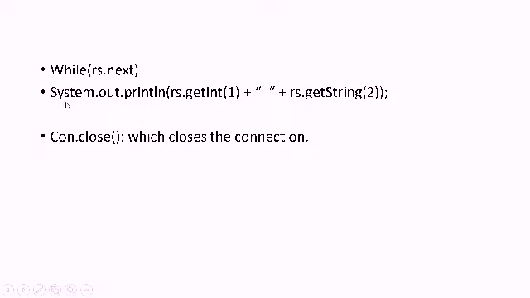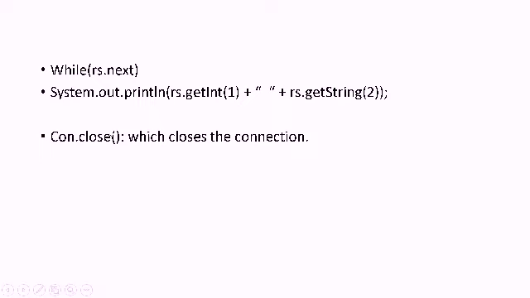With the help of a System.out.println statement, rs.getInt(1) means that in the table the first column is an integer value. Then the second column is a string, so for a string we use the getString method. For a numerical value, we use the getInt method.